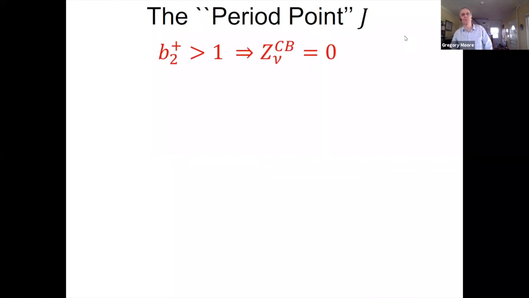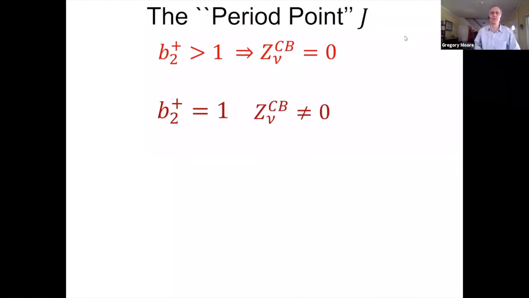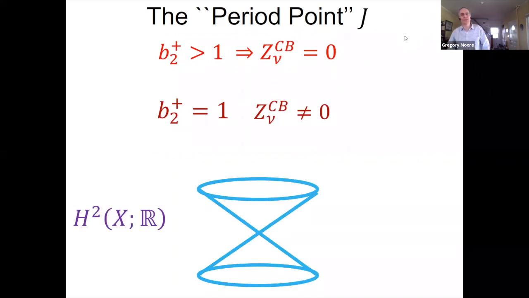What's the period point? Well, if B2 plus is bigger than 1, the Coulomb branch integral is 0. We don't need to worry about this. But if B2 plus is equal to 1, that's when it's non-zero. And then when B2 plus is equal to 1, the second cohomology space is Lorentzian.